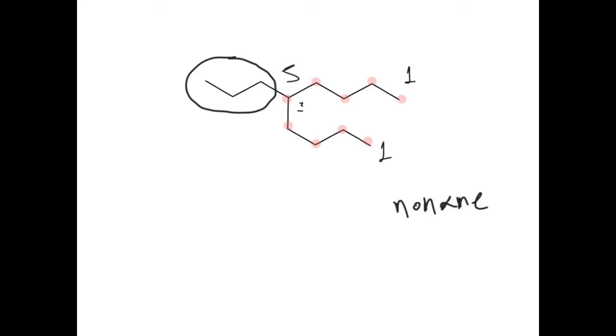So in that case, we have a symmetric structure, and let's name it. The substituent is a propyl group because we have 3 carbons. It is in number 5, so the name of that compound is going to be 5-propylnonane.